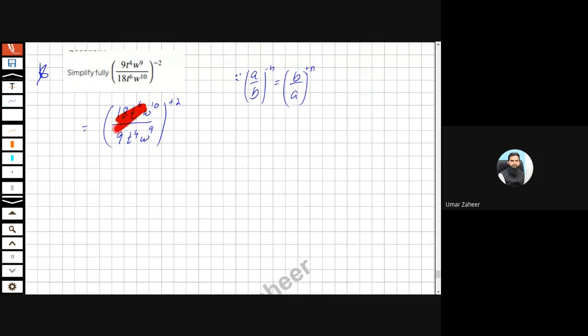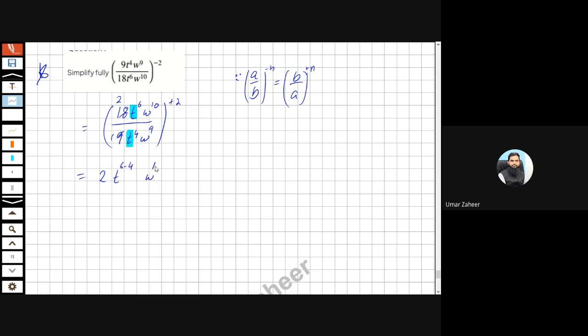Now, first of all, it's better to simplify inside the bracket. We are just going to use the basic BODMAS rule here. We are solving the brackets first. So 9 times 1 is 9, 9 times 2 is 18. Now these have the same base, so we have to subtract the powers. 6 minus 4.